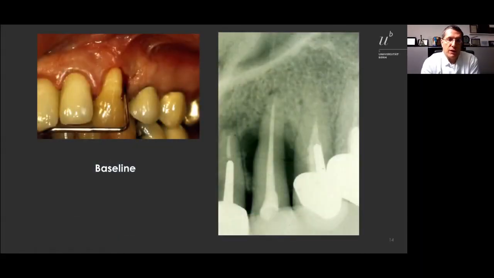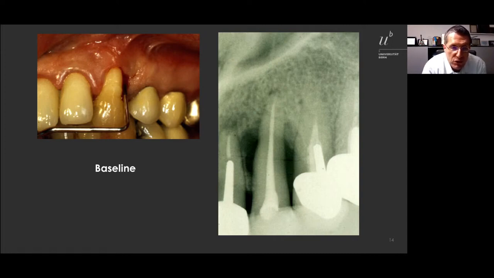Another case, this patient was referred to me in 1997, and you can observe the clinical problem, a probing pocket depth of about 12 millimeters distally to this upper canine. And if you look at the X-ray, you can see that we have a huge bone loss, both vertically and horizontally.